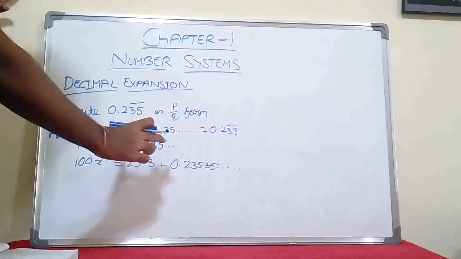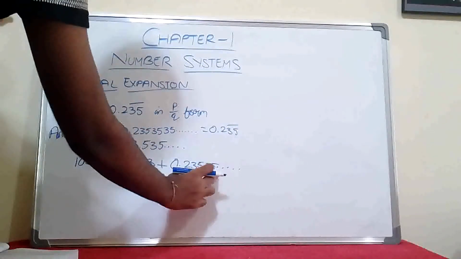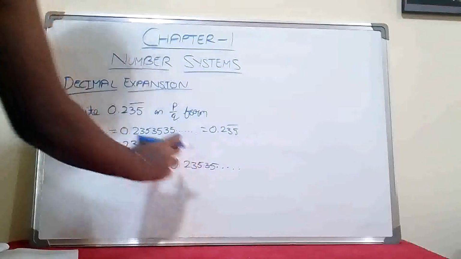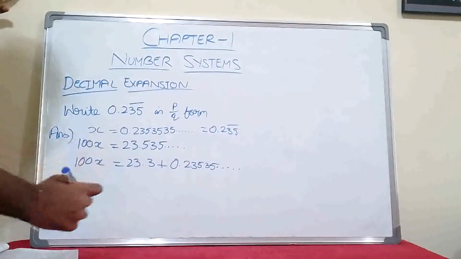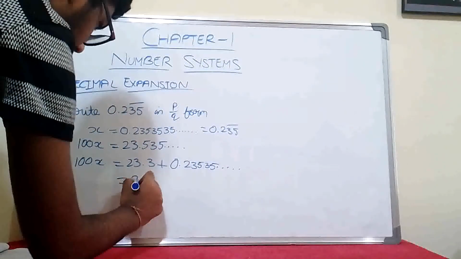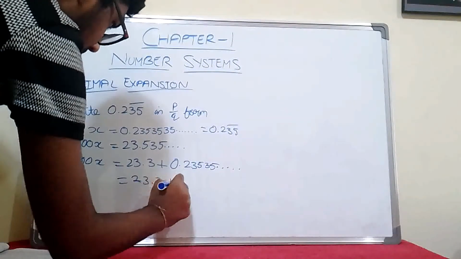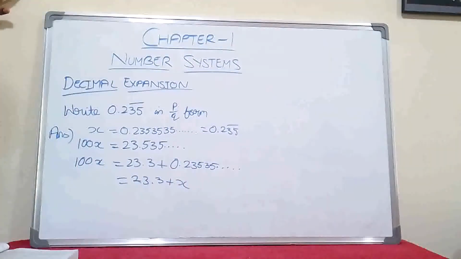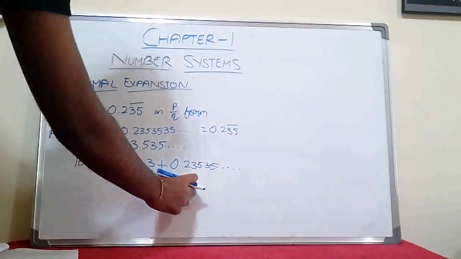And what is this number? 0.23535 is x. So which means 100x equals 23.3 plus x. And x is this number.